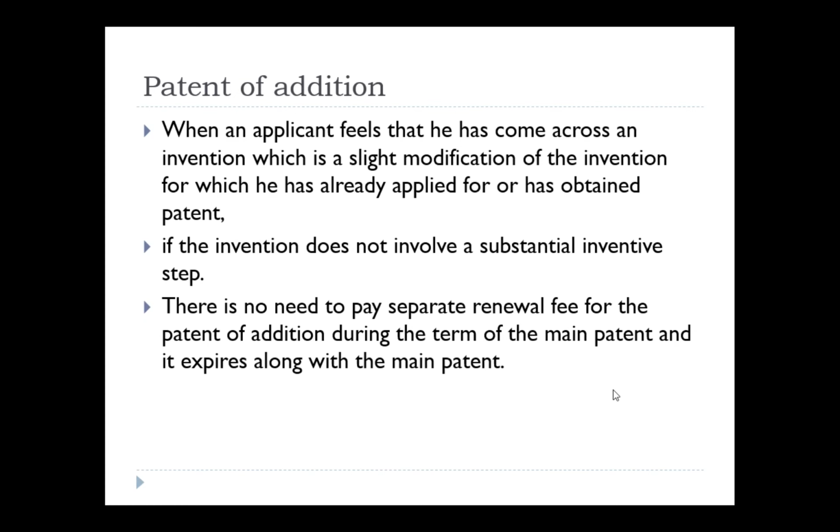Even that invention may go without that value addition itself, right? Even the first application itself gives the maximum clarity, so you may not want to go for this value addition at all. That itself becomes the better one. But understand clearly one thing: it is just adding value, it is not enhancing the features of the mask. For example, if the herb you are adding here enhances the entire working methodology of that mask, then it is better to file it as a new patent, not to go for the patent of addition.